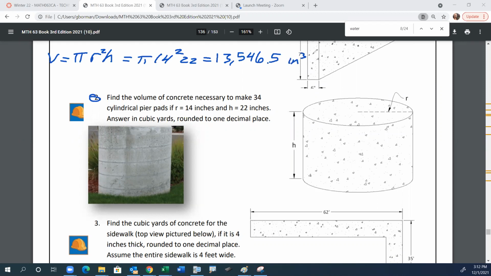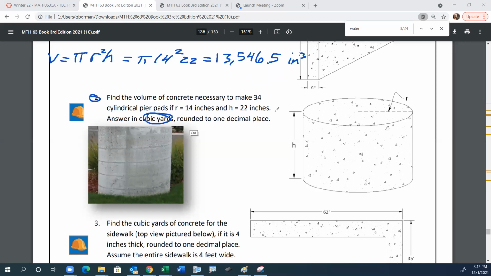Don't forget your cubic inches. If you just say inches, that's not enough. Inches are just a measurement of distance, but cubic inches is how much stuff you can fit inside of a box. But it says we want to go to cubic yards.